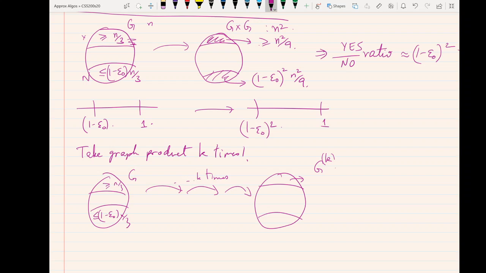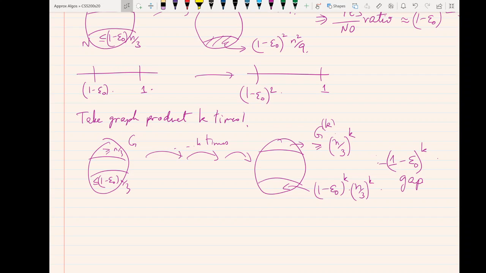Okay, where the yes instances are greater than or equal to n over 3 raised to k, and the no instances are 1 minus epsilon naught raised to k times n over 3 raised to k, which means the yes to no instance gap is 1 minus epsilon 0 whole raised to k. Okay, so this is the factor gap between the yes and no instances.